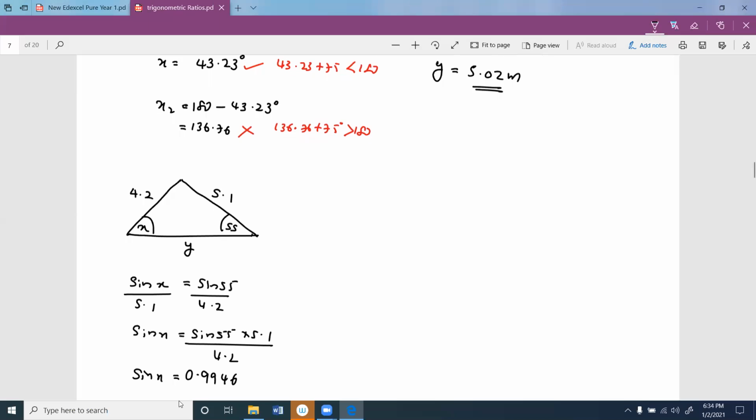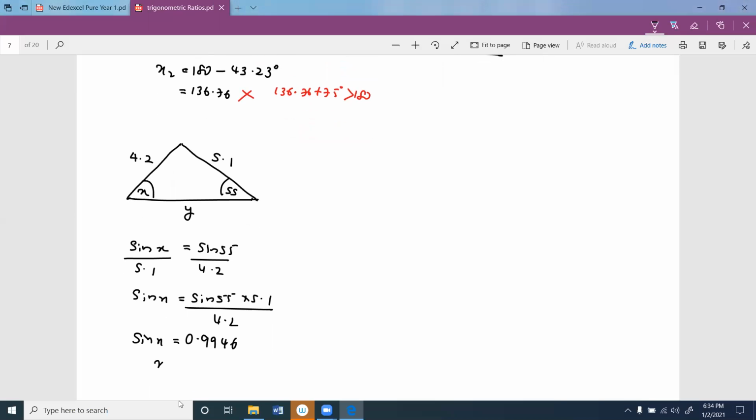So with that, you can say x is equal to sine inverse of 0.9946. Right, so you can get the answer for x. That works out to 84.08.